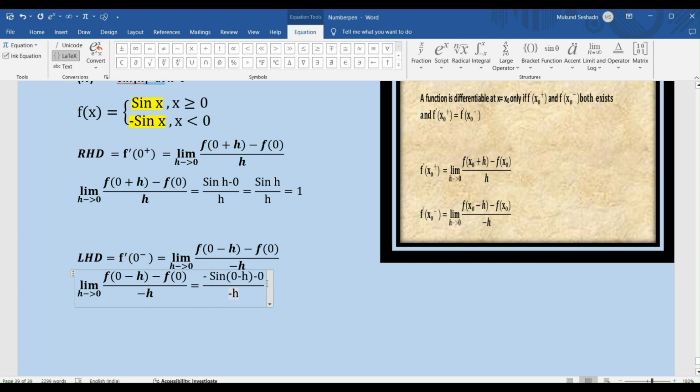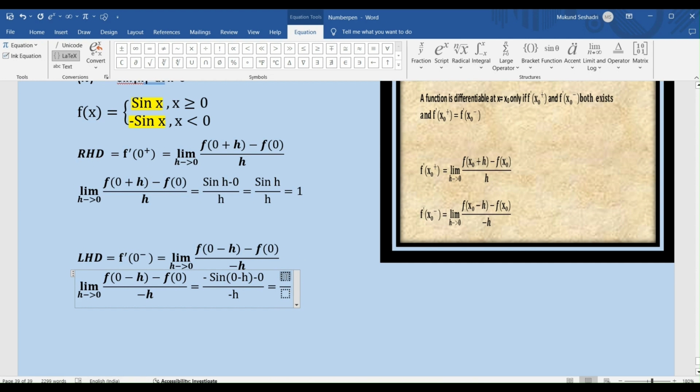And what is my sine of 0 minus h? It is nothing but sine of minus h. And what is my sine of minus h? It is nothing but minus sine h. So I can write this as minus 1 into minus sine h, which is nothing but sine h.